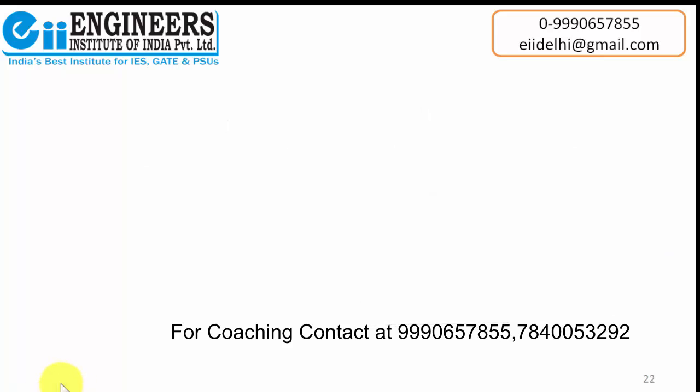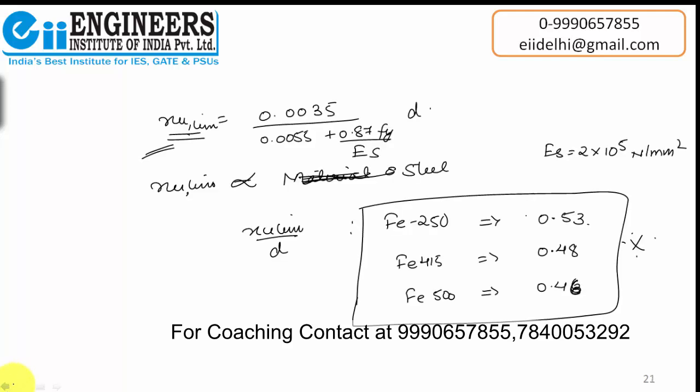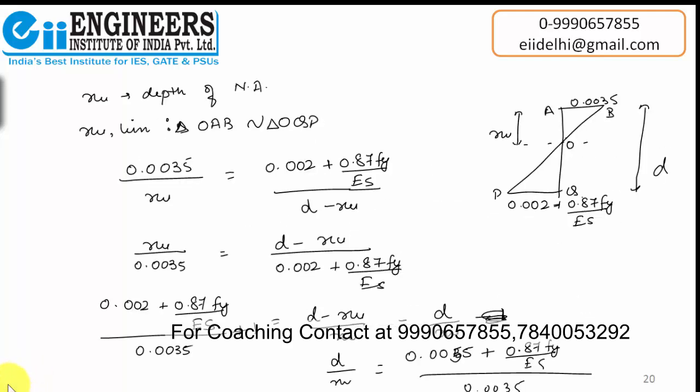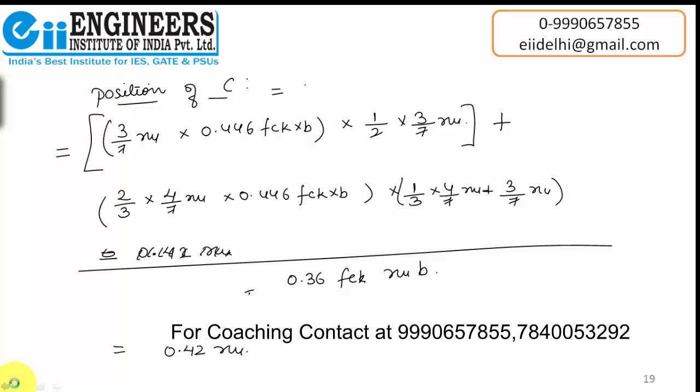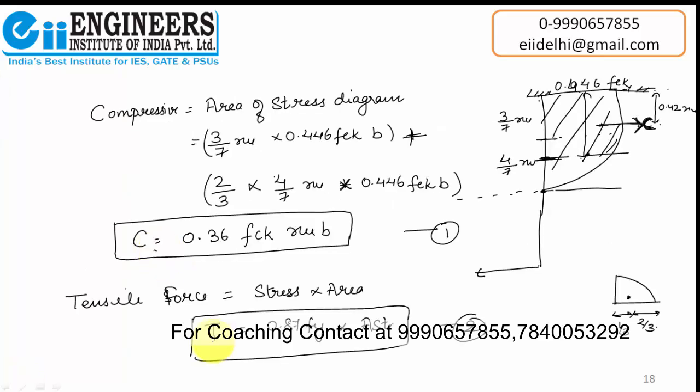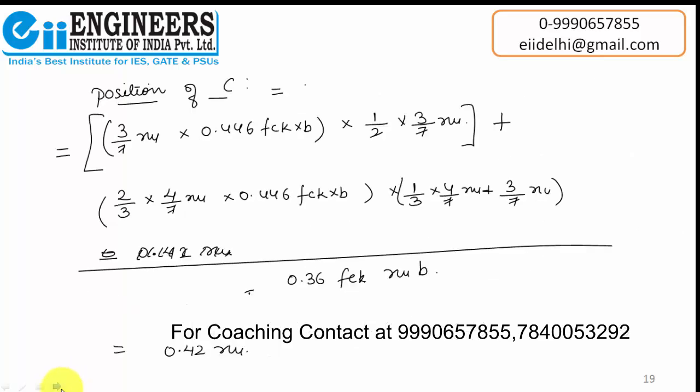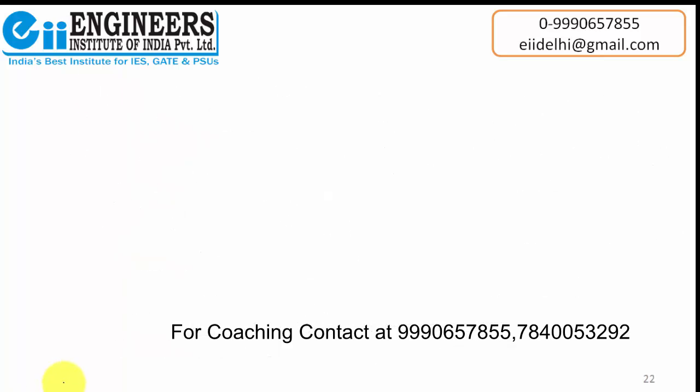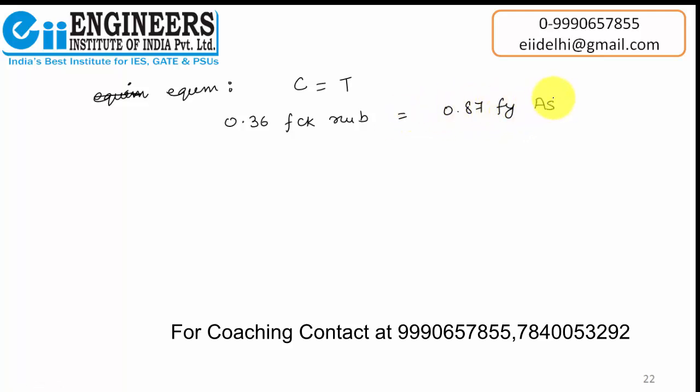Now let's go to C and T. We have found that this is the compressive force and this is the tensile force acting on our structure. What happens when the structure is in equilibrium? In equilibrium conditions, of course we know that compressive force will be equal to tensile force, or we can say that 0.36 fck Xu into b equals 0.87 Fy into Ast.